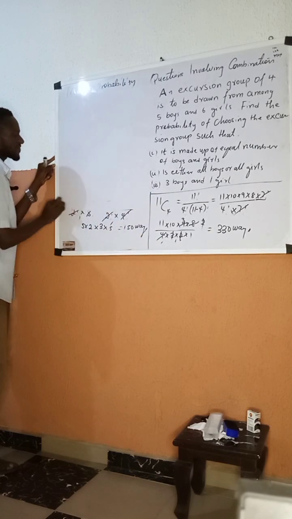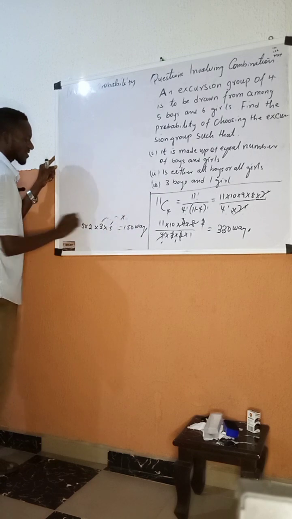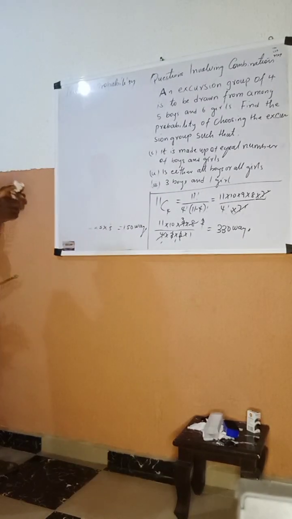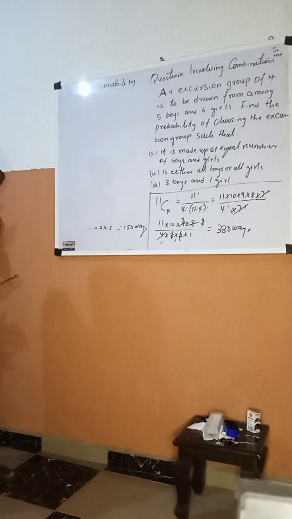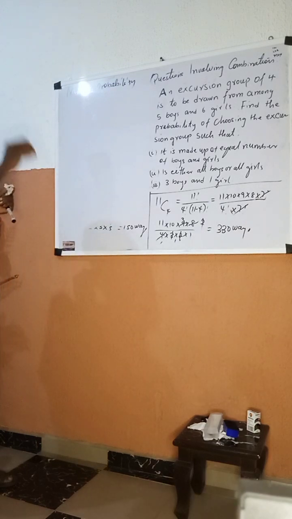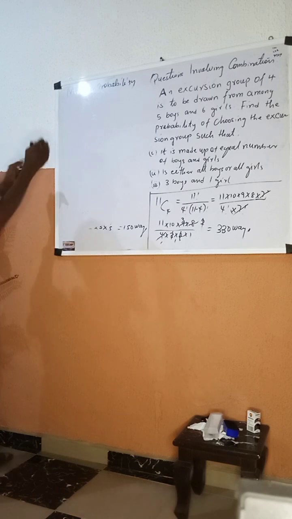Now we are going to define probability in the context of this question. Probability is defined as the number of ways of selection with restriction, all over the number of ways of selection without restriction.